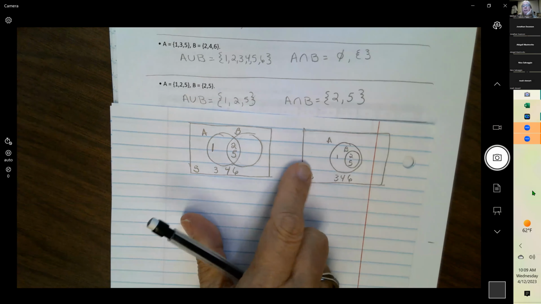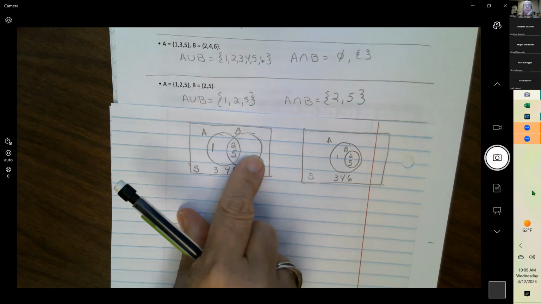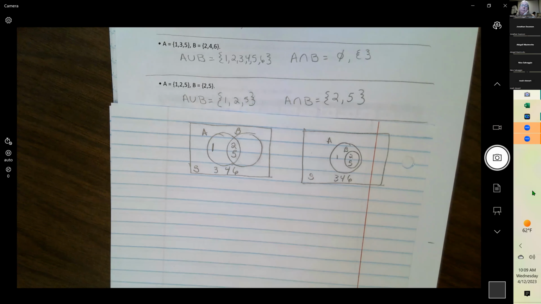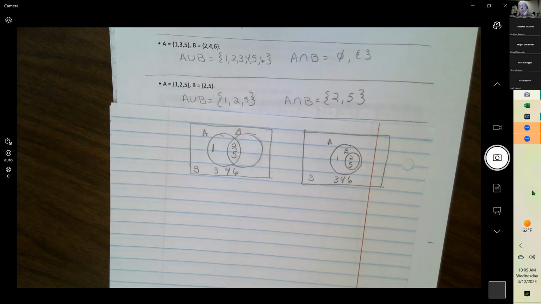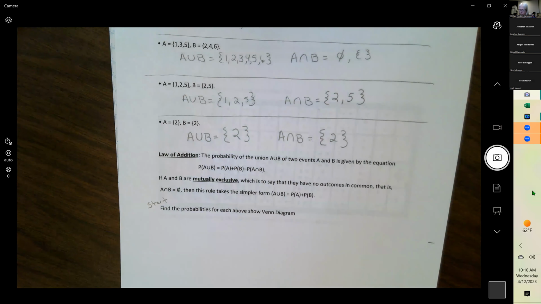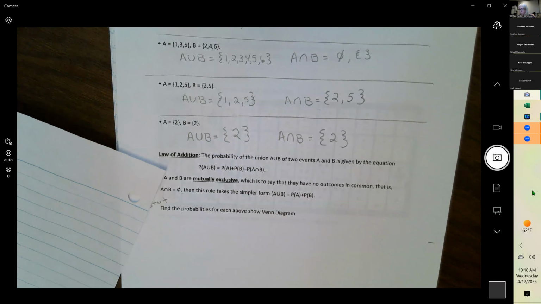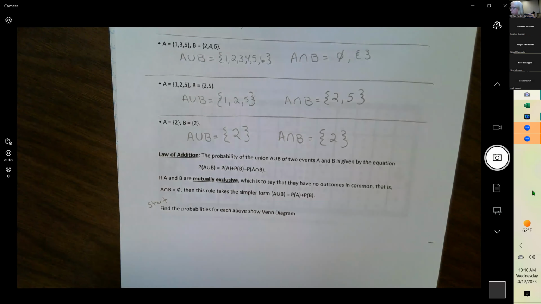But when you see that, that's just this case that there's nothing in B that's not in A. Any questions on that one? Try the last one.